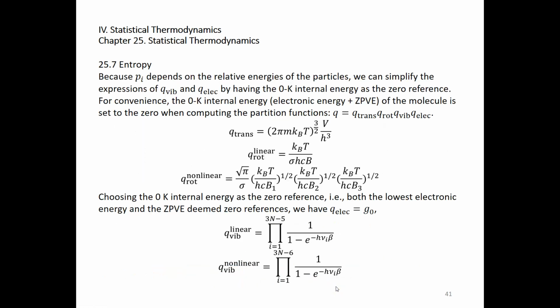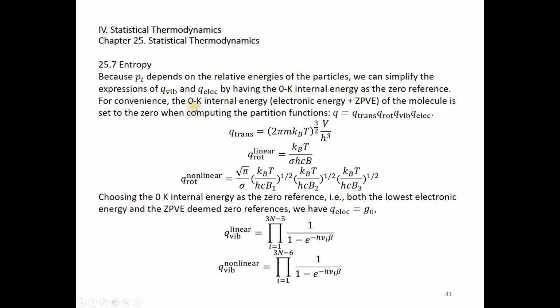Because p sub i depends on the relative energies of the particles, we can simplify the expressions of the vibrational partition function and electronic partition function by having some zero reference. We can define the 0 K, or 0 Kelvin, internal energy as the zero reference.